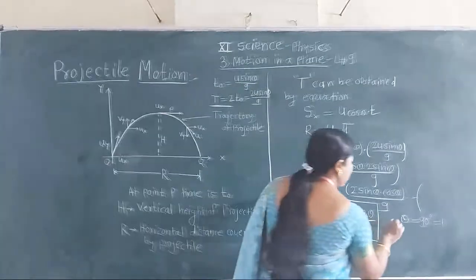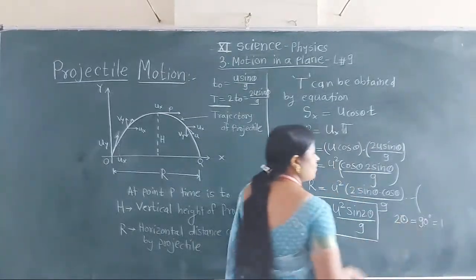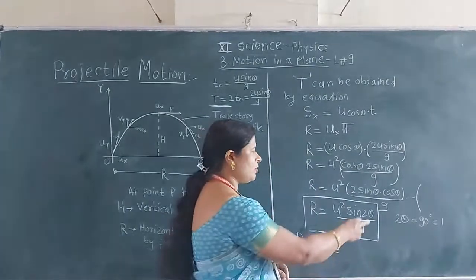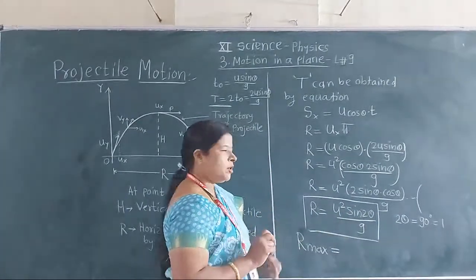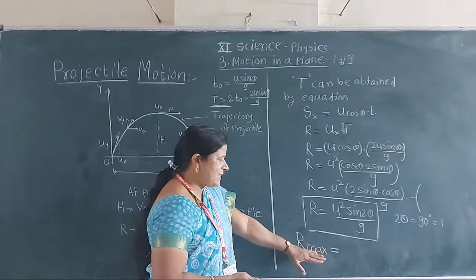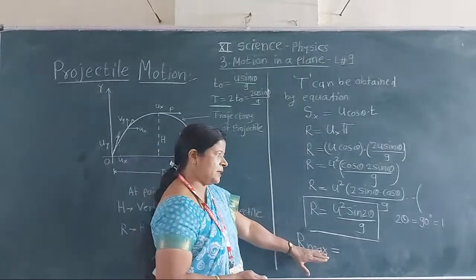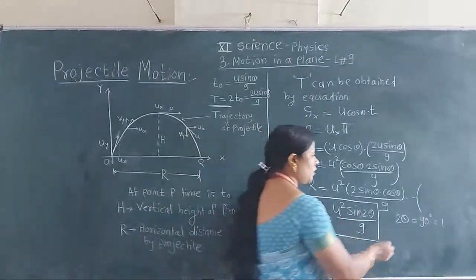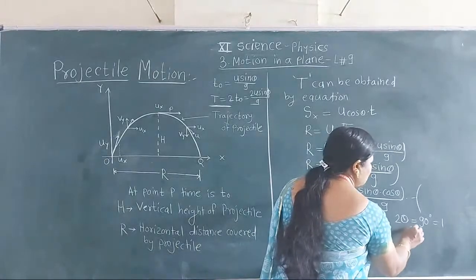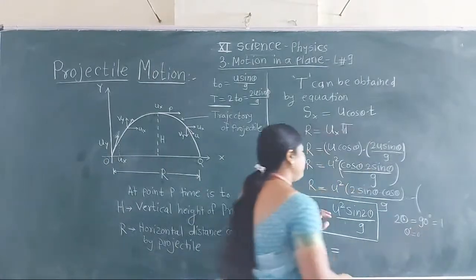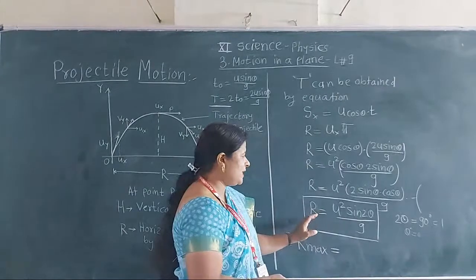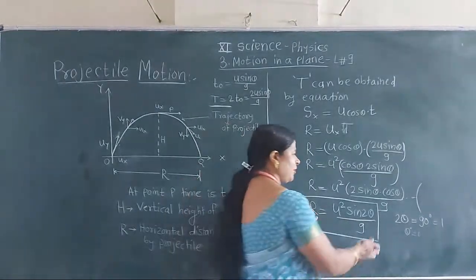That means sin 2 theta is equal to 1, and at that time we get the maximum horizontal range. If the value of theta is 0 degrees, sin of 0 is 0, then we get the minimum value of the horizontal range of the projectile.